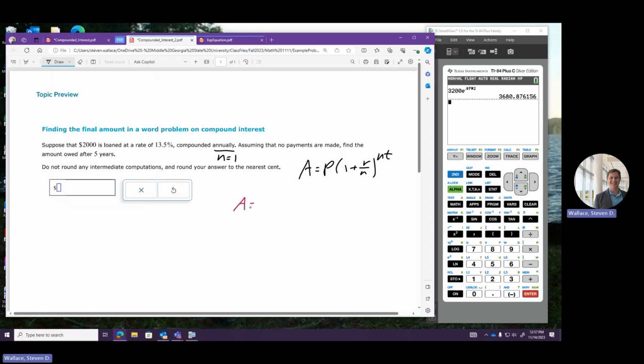So here, A is $2,000. R is 0.135, because that's what 13.5% would be as a decimal. N would be 1, and T is 5. Okay, so be careful.